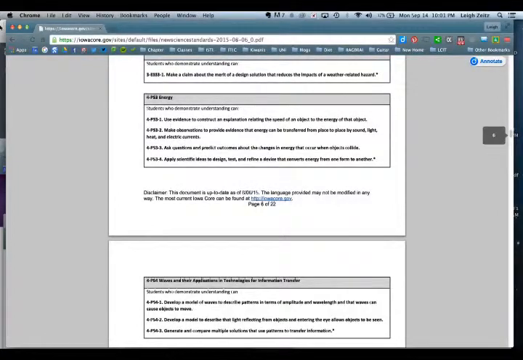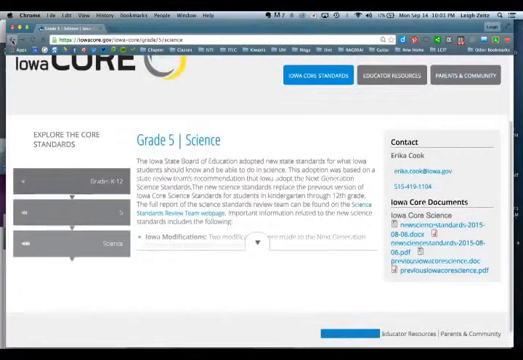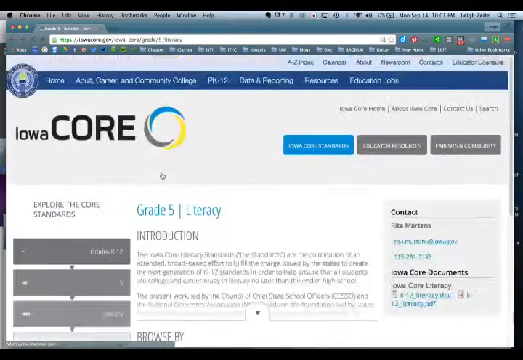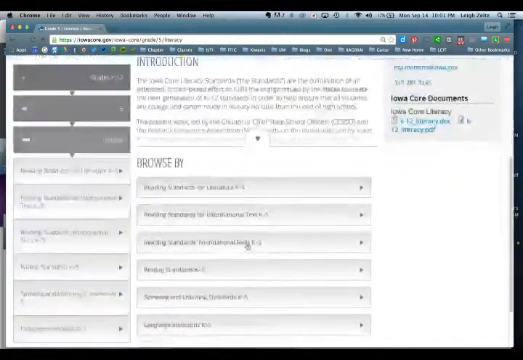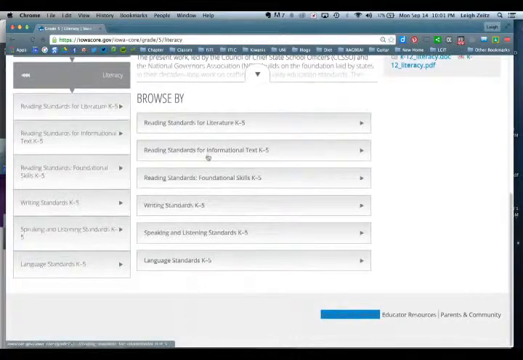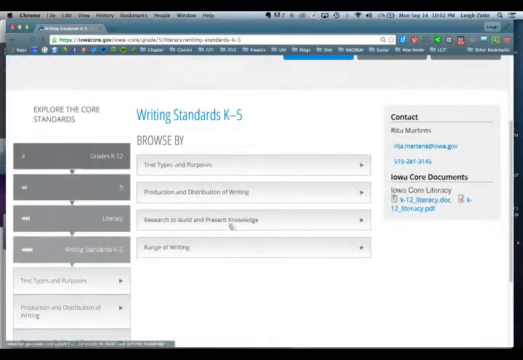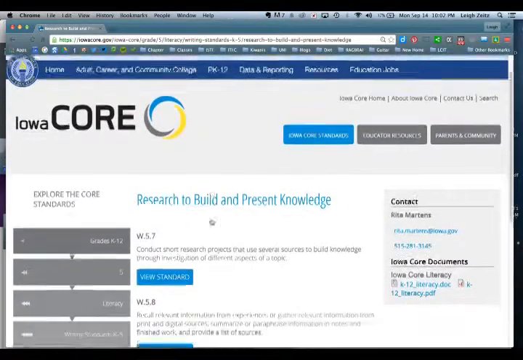And then let's go back one. And let's take a look in the 5th grade under literacy. And under literacy, you'll notice that it has a part, and I just happen to know I want to go to writing standards. And under writing standards, they have research to build and present knowledge. So what we're doing here is we're looking at research to build and present knowledge.